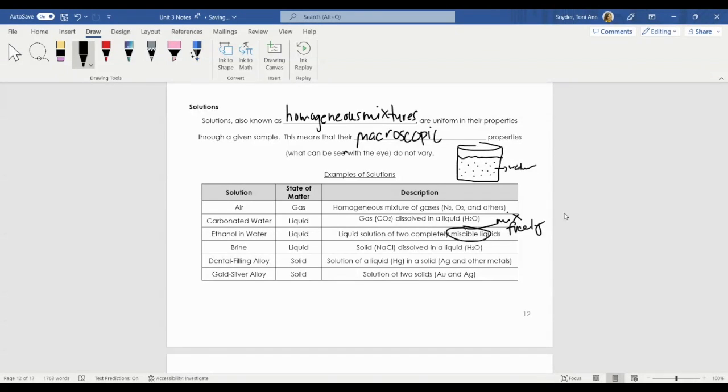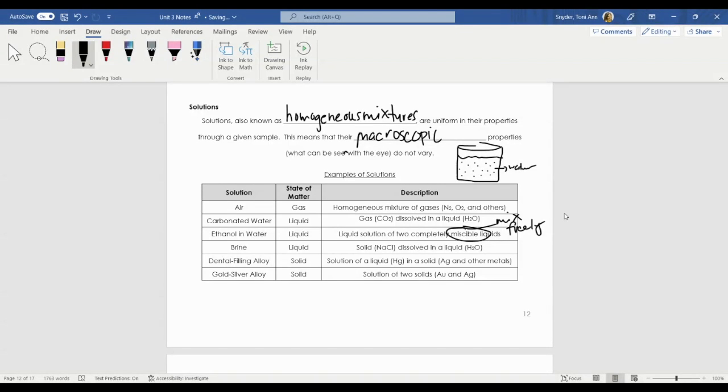Next, a dental filling alloy and a gold-silver alloy. Both of these are actually solid solutions. That last one is an alloy of two metals. In this case, gold and silver have pretty similar atomic radii. They're right above each other on the periodic table. They might make a substitutional alloy because those radii are very close in size.